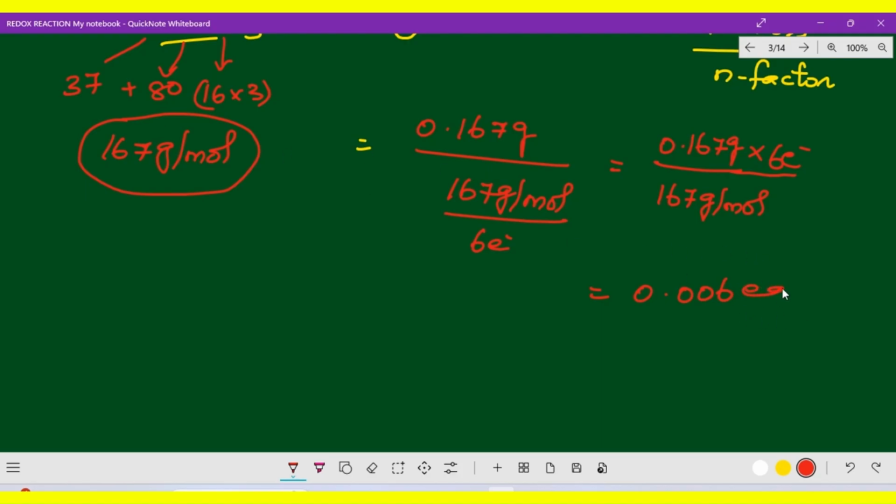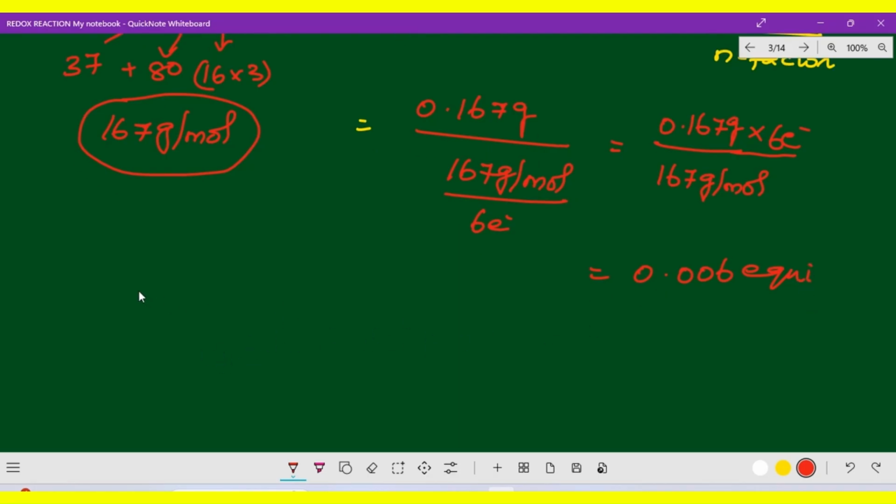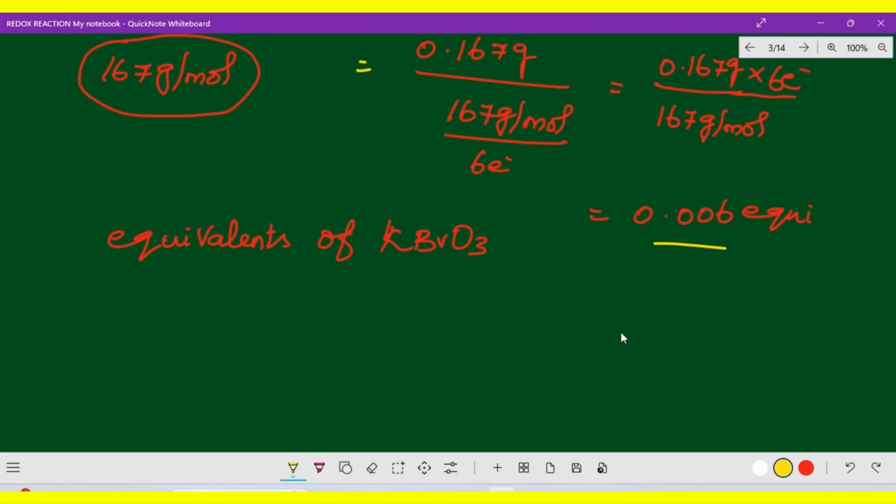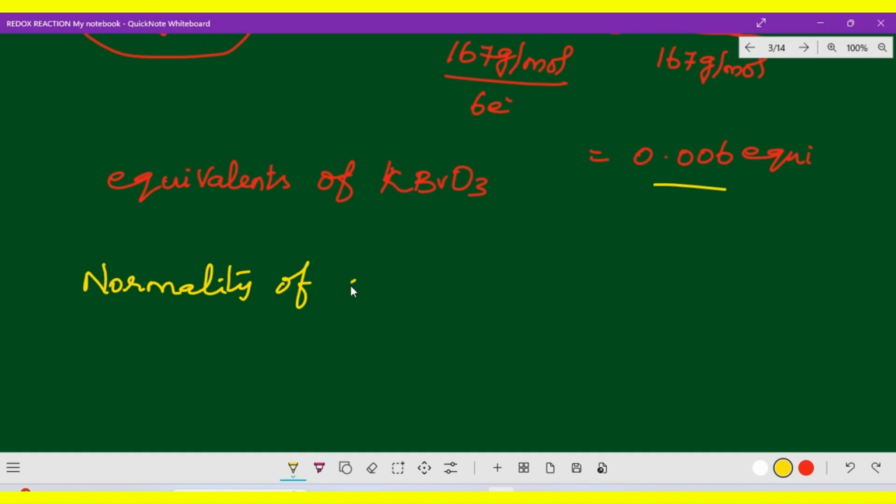So the equivalents of potassium bromate, KBrO3, is 0.006. Now next, what are we going to find? Normality. That is the main point. Normality of sodium thiosulfate, Na2S2O3.